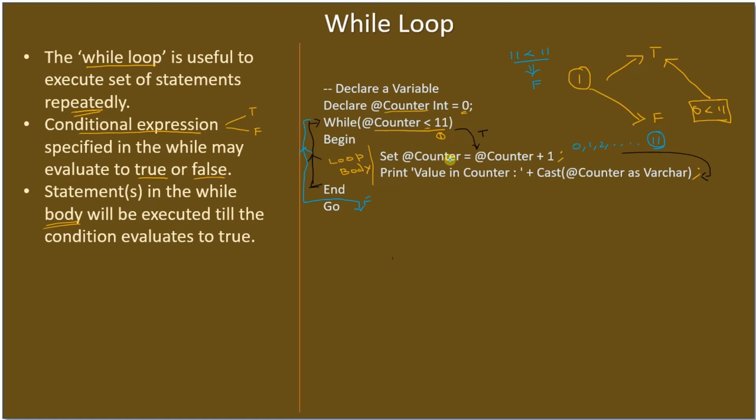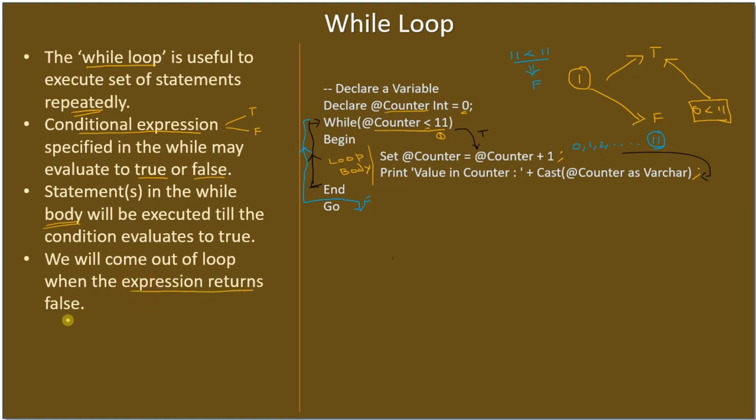So when counter is 11, we will check 11 less than 11, it will return false, and we will come out. So we will come out of the loop when the expression returns false. That's what we saw here, and we know when it will return false because the variable keeps on incrementing. When it reaches 11, the expression here will return false, we will come out.